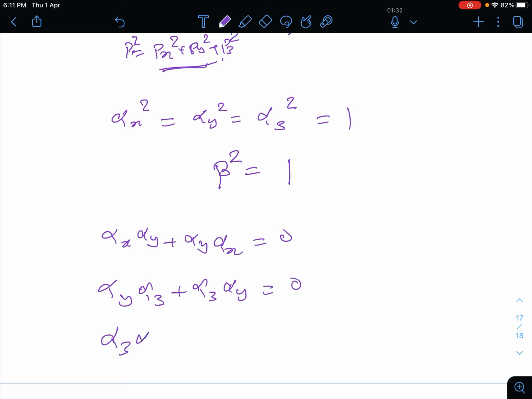Alpha z alpha x plus alpha x alpha z has to be 0. That means these are all anti-commuting things. Minus ആയിരുന്നെങ്കിൽ commuting. So these are anti-commuting things and their squares are 1. Okay, squares are unity and these are anti-commuting things.